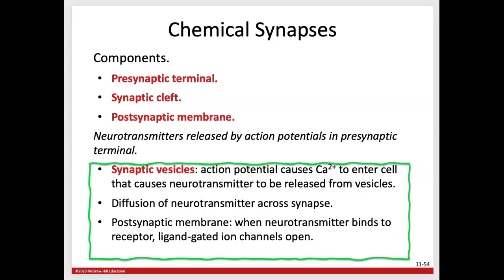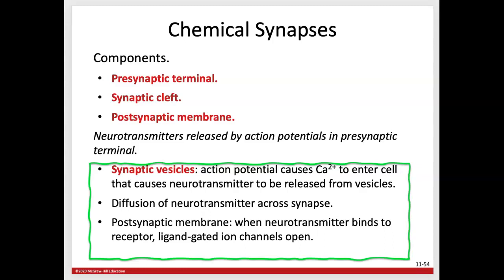Remember that we have vesicles in the end of a neuron, in the terminal end. They're called synaptic vesicles, and they're like little storage containers for neurotransmitters.